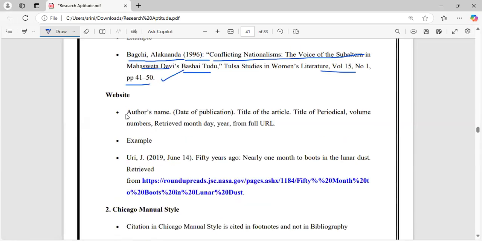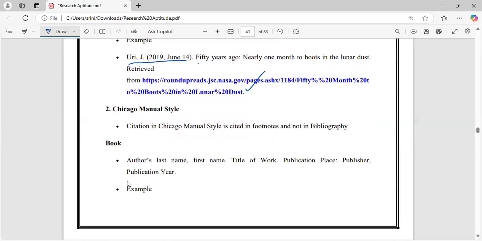Okay. Then if we refer to websites: author name, date of publication of that web page, title of the article, title of periodical, volume number, retrieved month, day, year from full URL.